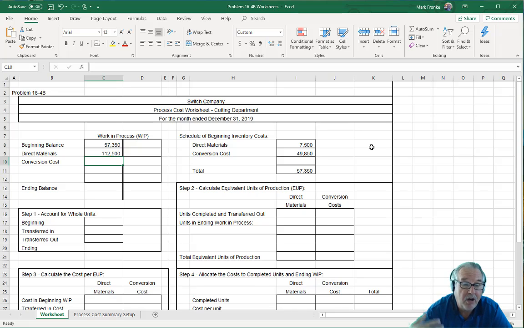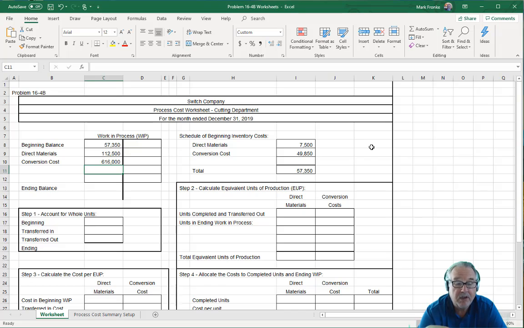So during the month, we brought in through a materials requisition form $112,500 in direct materials. And there was $616,000 worth of conversion cost. So there's our three product costs, even though we've grouped together conversion cost: direct materials, direct labor and factory overhead.